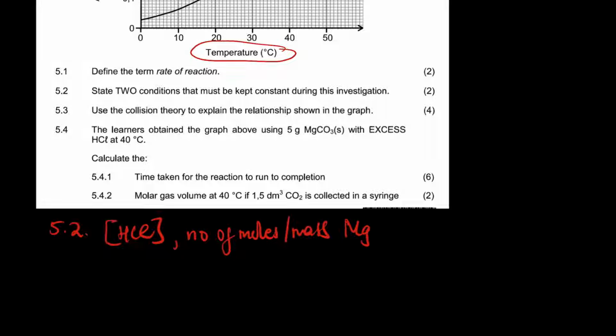I nearly said calcium. The magnesium carbonate is still the same and the concentration is still the same. Or we can say the surface area. And also the absence of a catalyst should be one of them.